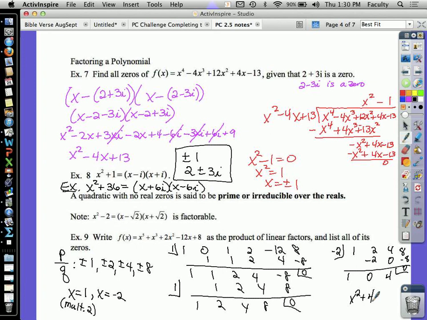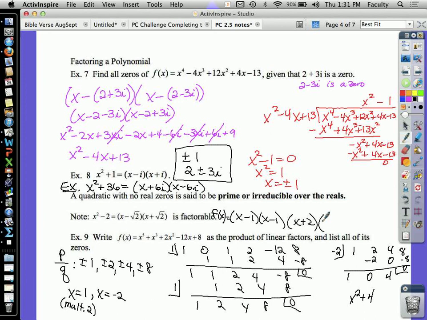So to write the linear factors, I have x minus 1, x minus 1, and let me not forget my x plus 2. I'm rewriting f of x with linear factors, and then I can't put x squared plus 4 down because x squared is quadratic, it's not linear. So what am I going to put down instead of x squared plus 4?